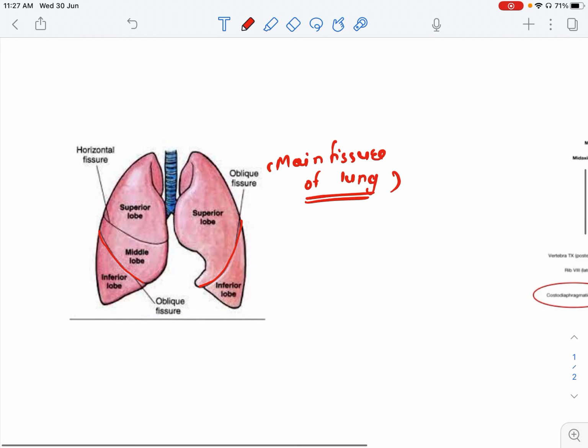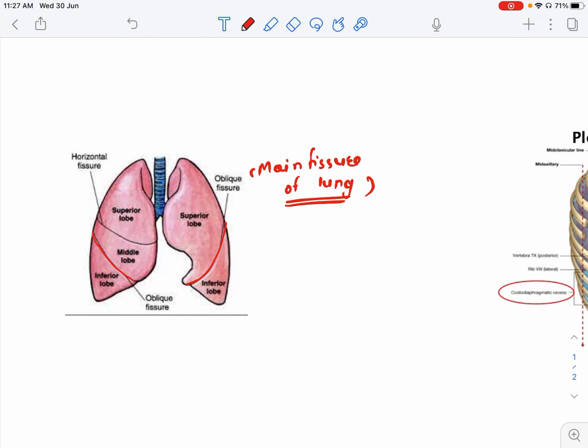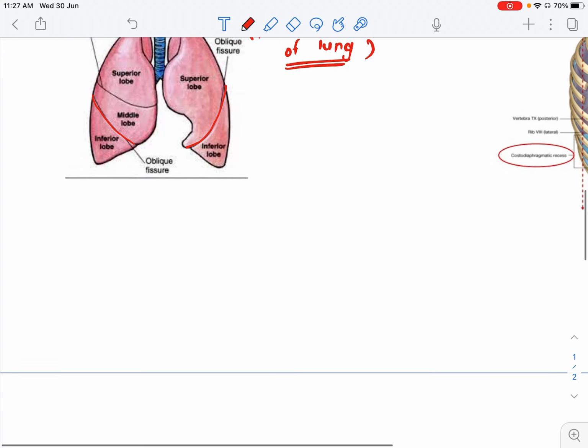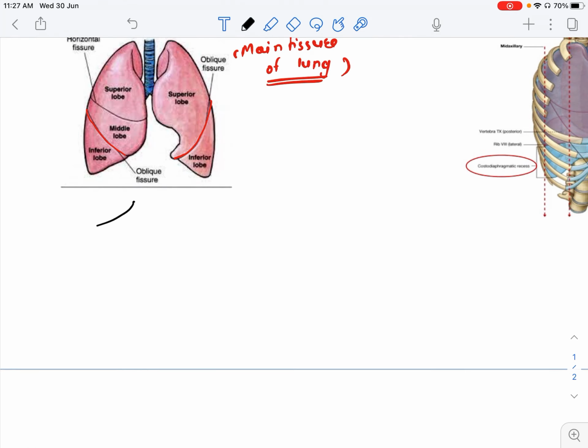Now to give you an idea about how this main fissure or oblique fissure runs, we'll make a simple schematic diagram. See, this is the posterior part of the chest that we are looking at.